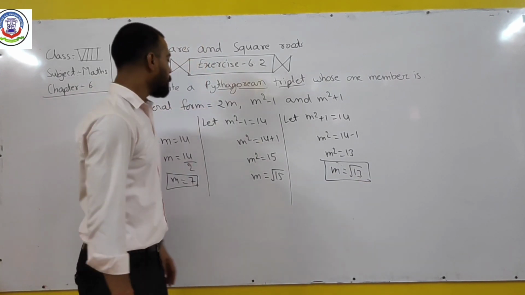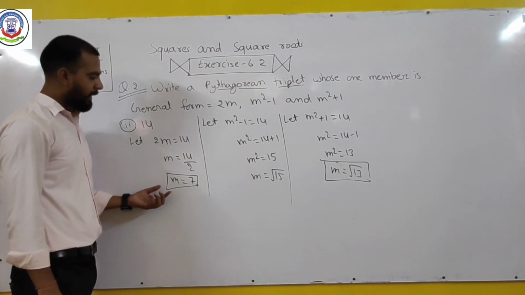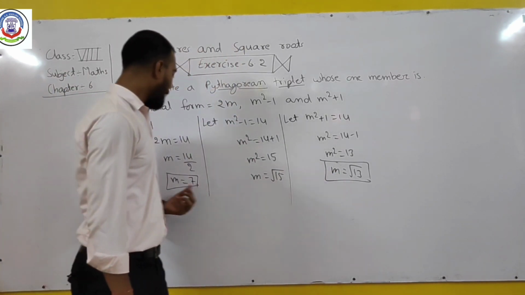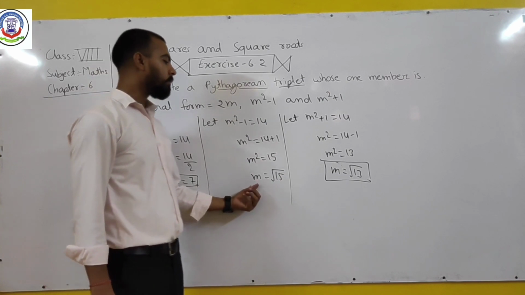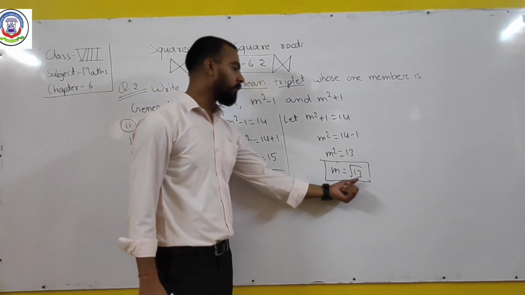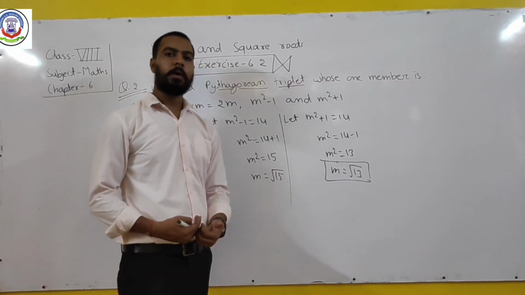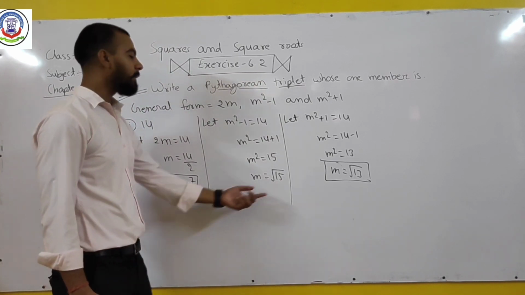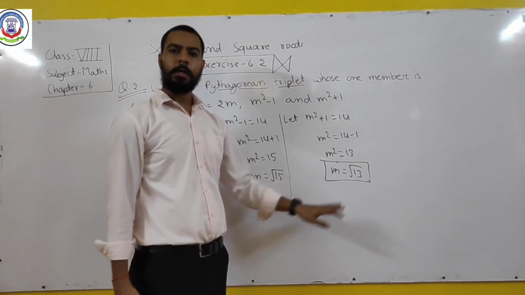So as we can see, there are three values: m is equal to 7, m is equal to root 15, and m is equal to root 13. But we have to take m is equal to 7, as the other numbers are not integers.